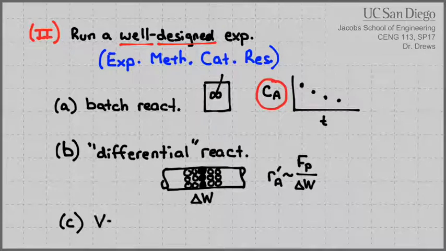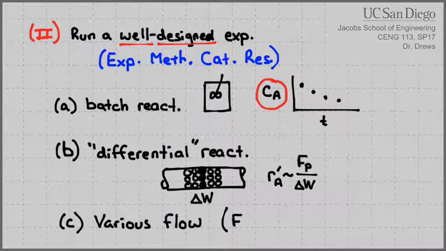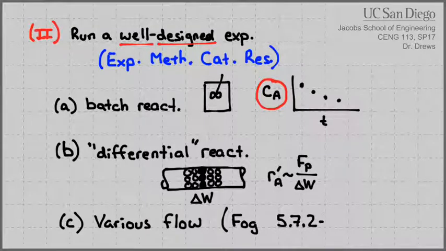And then all the other ones are just various flow reactors. If you can't use one of these generic ones, you've probably got a special one, which was designed specifically for your system. If you want to see a couple of examples, your book has a nice summary table in sections 5.7.2 to 5.7.3.